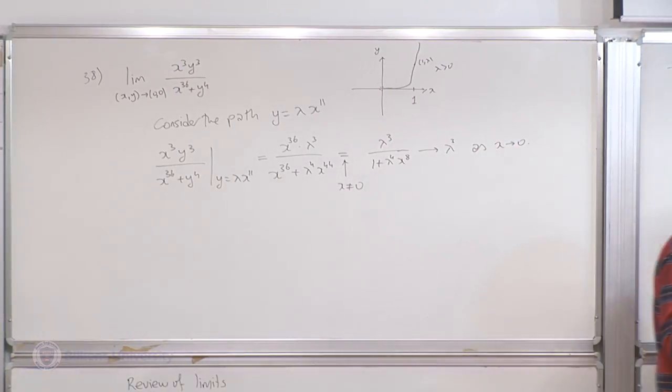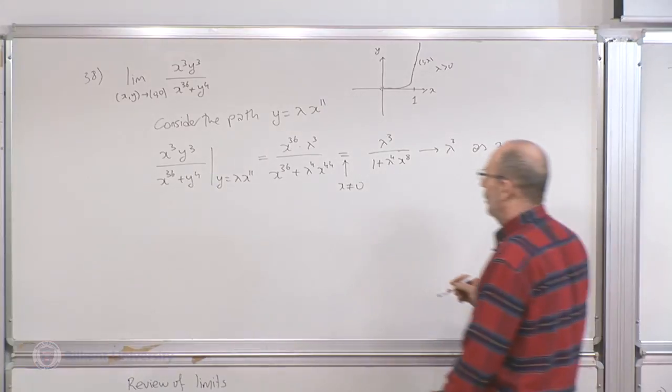Given any real number, it has a unique real cube root. So you can cover every number by lambda cubed. Choosing lambda appropriately, with lambda cubed you will get all of the z-axis.